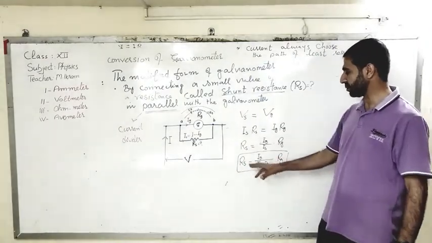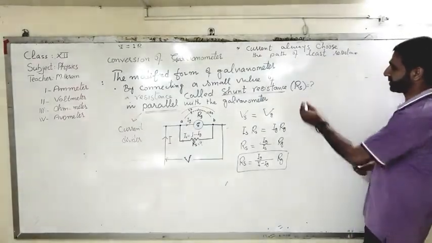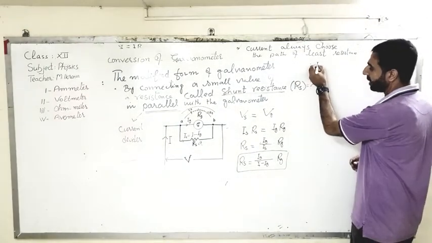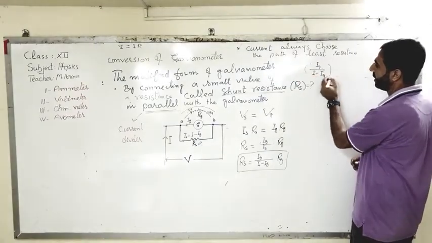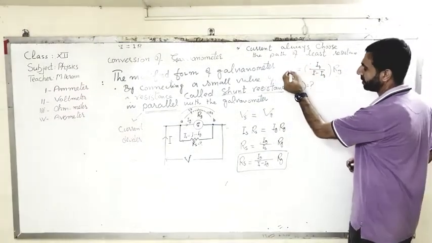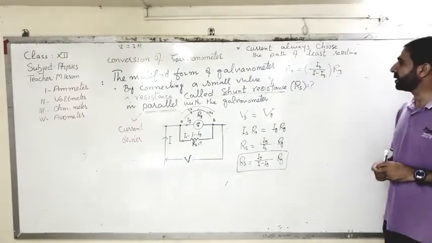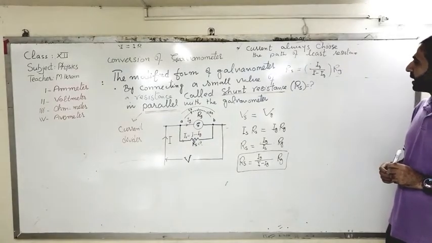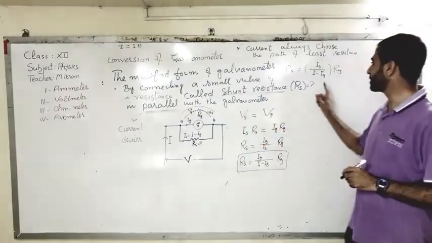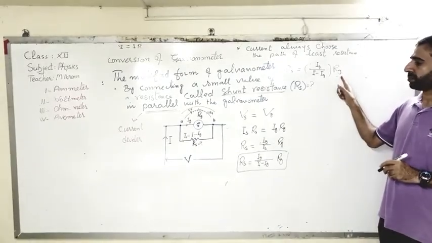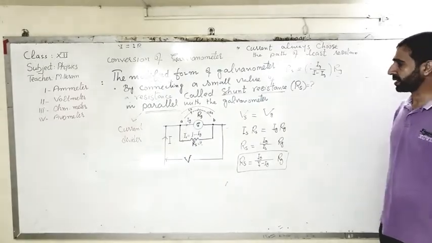So this is very easy, and you must remember this formula. The value of the shunt resistance is IG into I minus IG into RG. This is the value of the shunt resistance, which is the ratio of the galvanometer current to that of the shunt current times the resistance of the galvanometer. Clear?